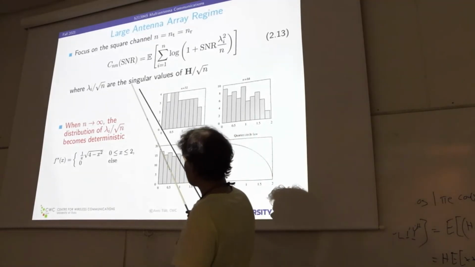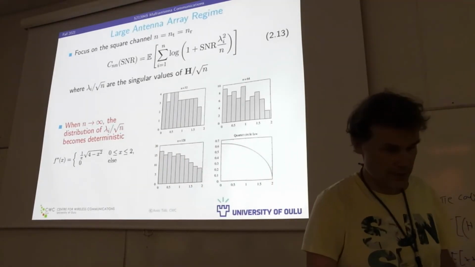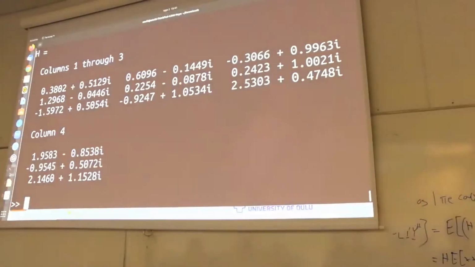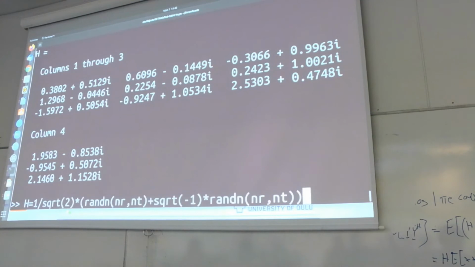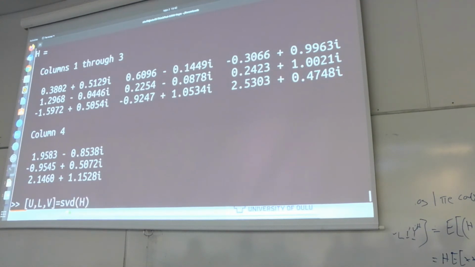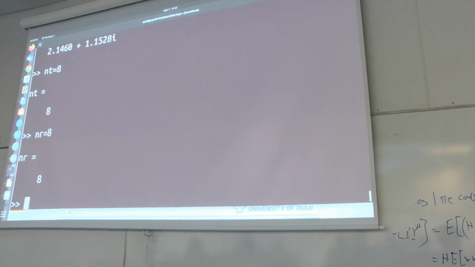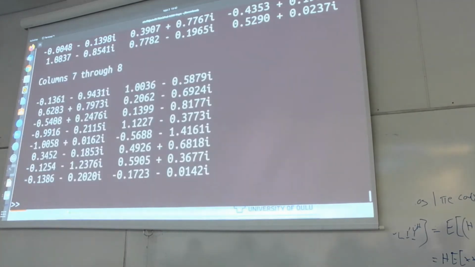Now, if we start to generate, maybe I could even show it in MATLAB. Let's consider a scenario first. Let's say NT equals 8, then NR equals 8, so we have an 8 by 8 matrix.